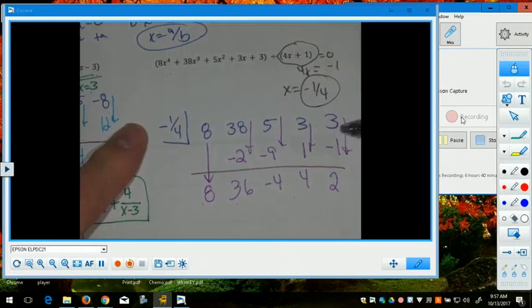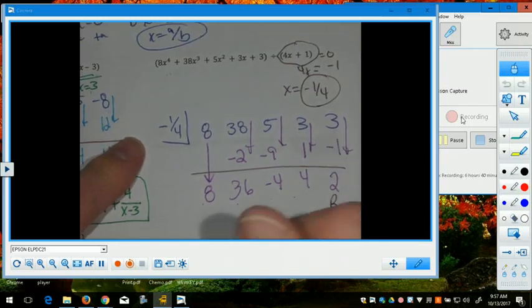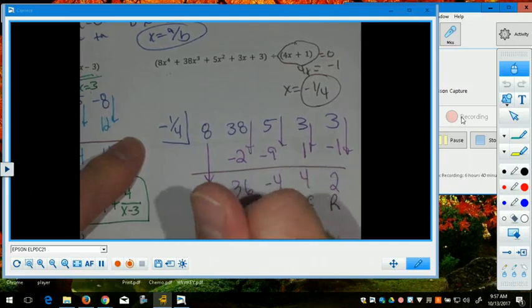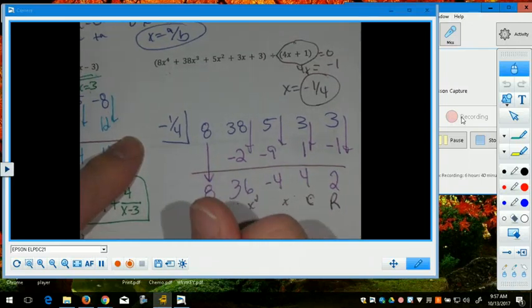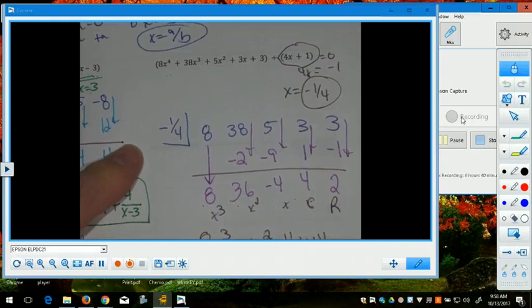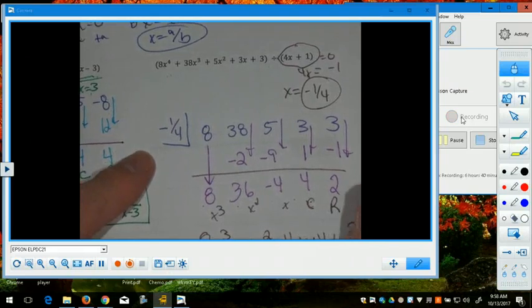As long as this was my constant term, I'm done here. 2 is my what? Remainder. And then this is constant, x, x squared, x cubed. So my answer is 8x cubed plus 36x squared minus 4x plus 4, plus 2 over my divisor of 4x plus 1.